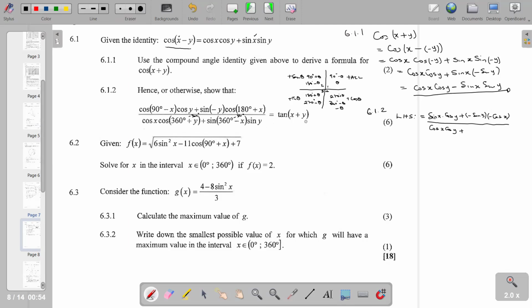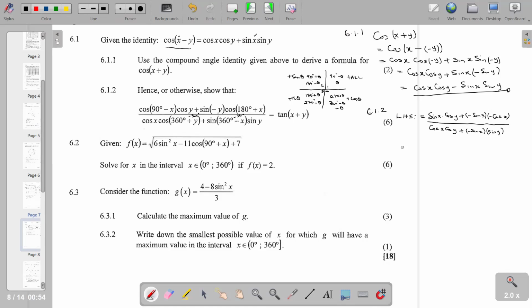Negative angle is in which quadrant? It's in the fourth quadrant. What is the sign of this ratio, sine, in the fourth quadrant? It's negative. So it's going to be negative sine x. Then you take the sine y as it is.